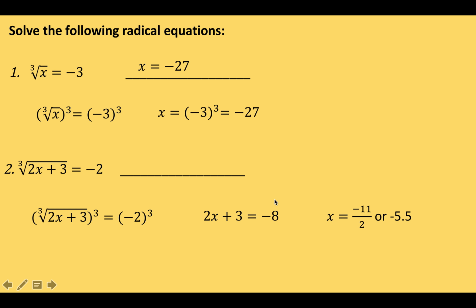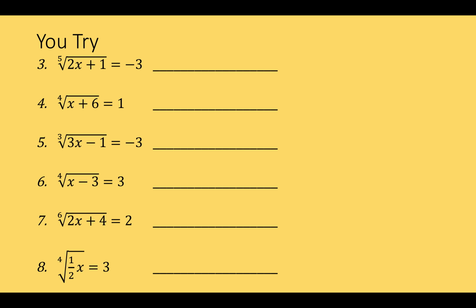And then simplifying this, we can put either negative 11 over 2 or negative 5.5. Now pause the video and try the following. Your answers should look similar to mine.